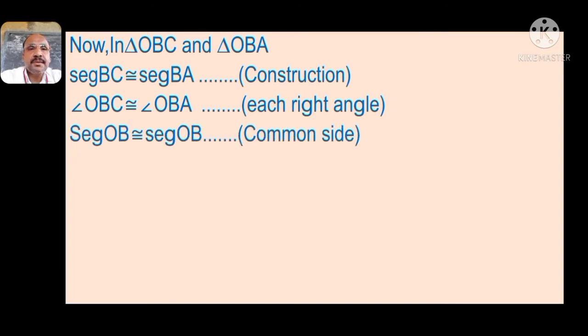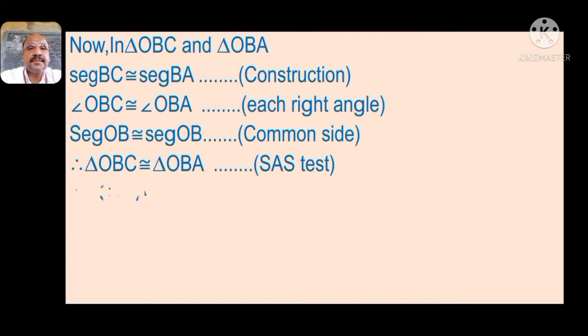Segment OB is congruent to segment OB, which is the common side. Therefore triangle OBC is congruent to triangle OBA according to the SAS test. Therefore OC is equal to OA.